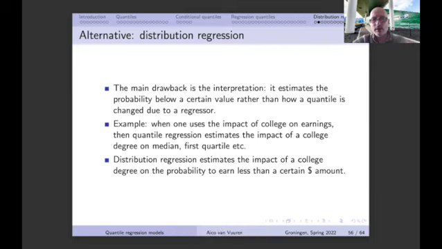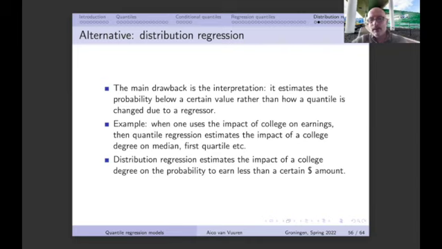The moment that we're going to look at distribution regression, we're going to look at probabilities. So at the moment that we would like to look at the impact of, say, a college degree, we are going to look at how the probability is going to change, the probability that you earn less than a certain amount, say for example 5,000 euros a month, at the moment that you have a college degree.